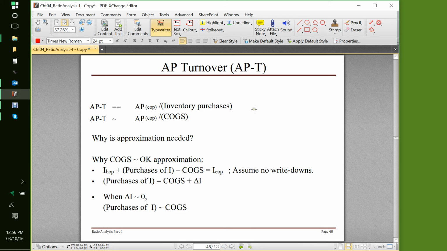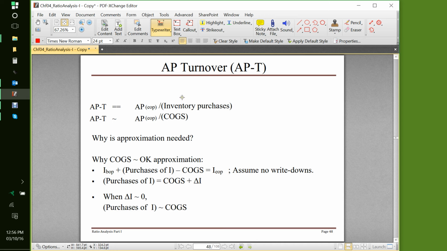Accounts payable turnover is sort of a corollary to accounts receivable turnover, and it measures our accounts payable at the end of a period divided by our purchases of inventory in the period. Now, once again, if we think about it for a bit, we'll realize that nowhere in any financial statement that we've seen or produced have we seen inventory purchases.